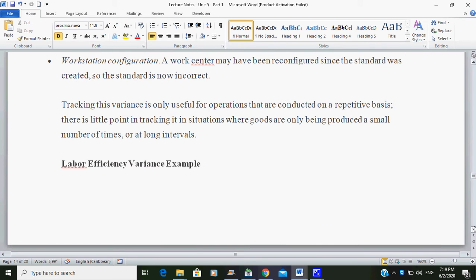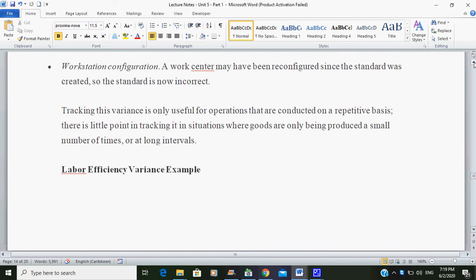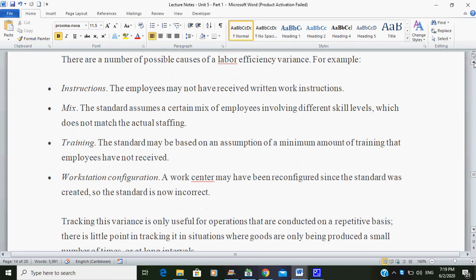Workstation configuration: a work center may have been reconfigured since the standard was created, so the standard is now incorrect. Tracking this variance is only useful for operations that are conducted on a repetitive basis. There is little point in tracking it in situations where goods are only being produced a small number of times or at long intervals.